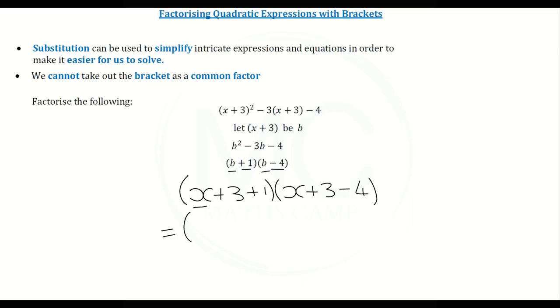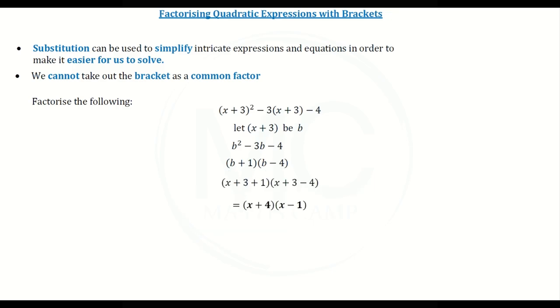We have x, so we can put x in over here. 3 plus 1 gives us 4, so we say plus 4. The second bracket, we have x over here. 3 minus 4 gives us negative 1, so we say minus 1. And we've now factorized this expression up here. We will look at more examples like this in upcoming videos.